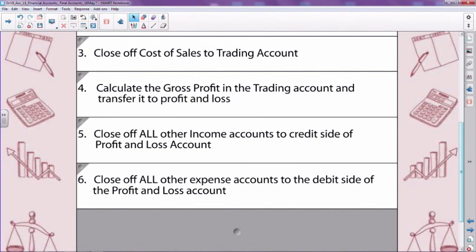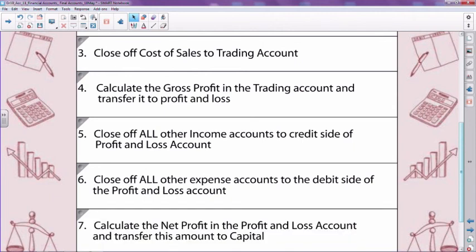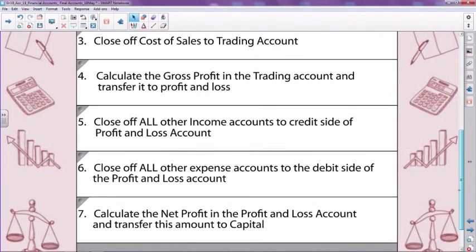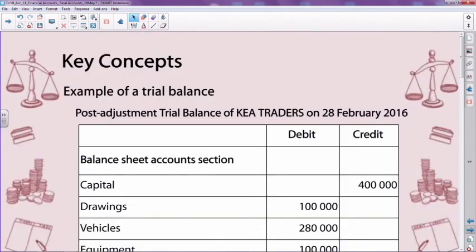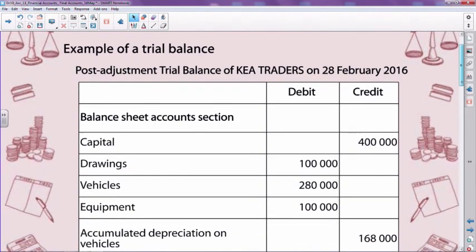And then we need to take this amount to capital. And then the last one is number 8, your drawings needs to close off as well to capital at the end.